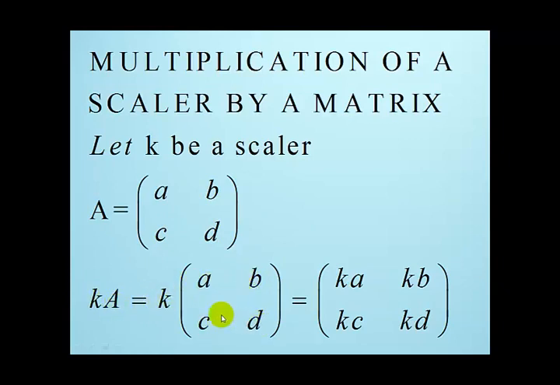And when you are multiplying a scalar by a matrix, the scalar multiplies all the elements. So K times a gives us Ka. K times b, Kb. K times c, Kc. And K times d, Kd. So that is how we multiply a scalar by a matrix. The scalar multiplies all the elements.